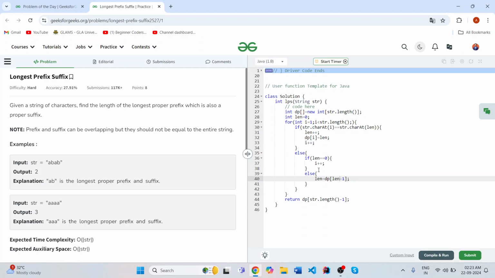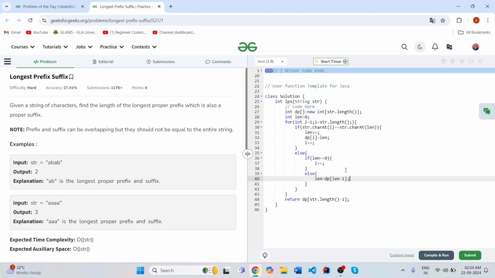So for this length it is not matching, so for length minus 1 we will find out from our DP the longest prefix which is also a suffix, means the length of prefix which is also suffix. So these many characters are already equal. So that many characters we shall store in our length, and we shall check for the next character, is it matching or not.